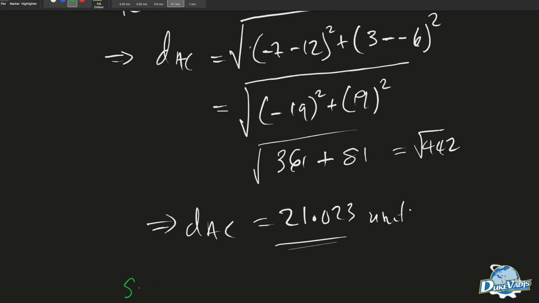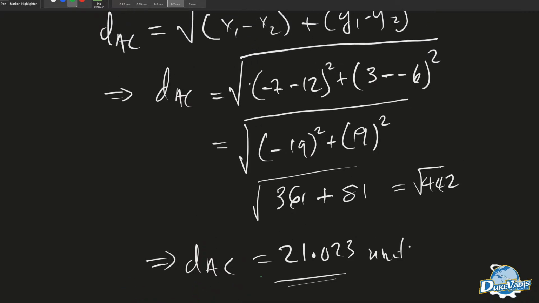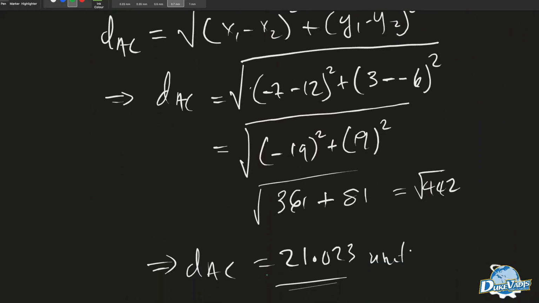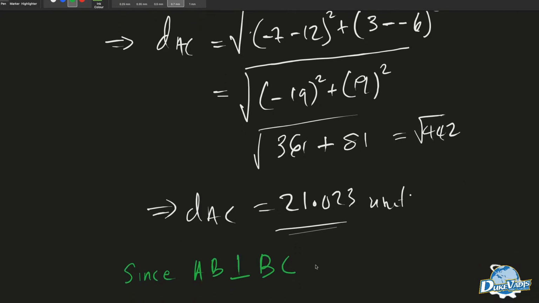So it says since AB is perpendicular to BC, it means AC is the diameter of the circle.